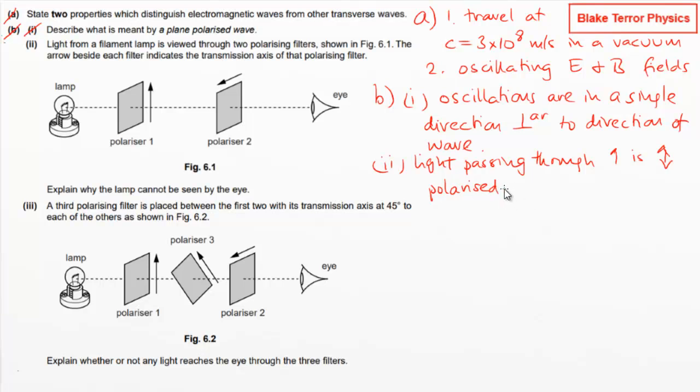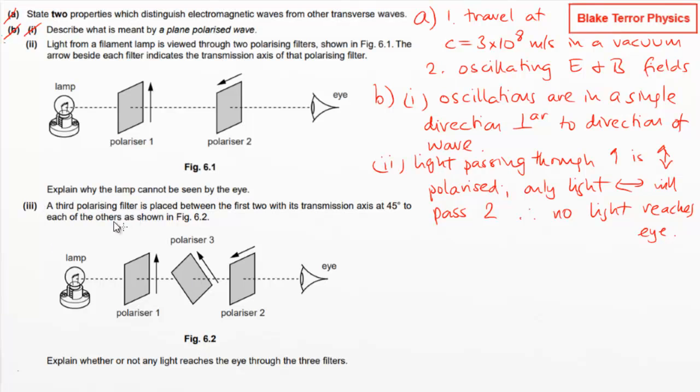Then only light that is horizontally polarized, obviously write that out in full rather than using all this shorthand, will pass through polarizer 2, of which there isn't any. So therefore, no light reaches the eye. So it's just going through step by step what happens at each polarizer.